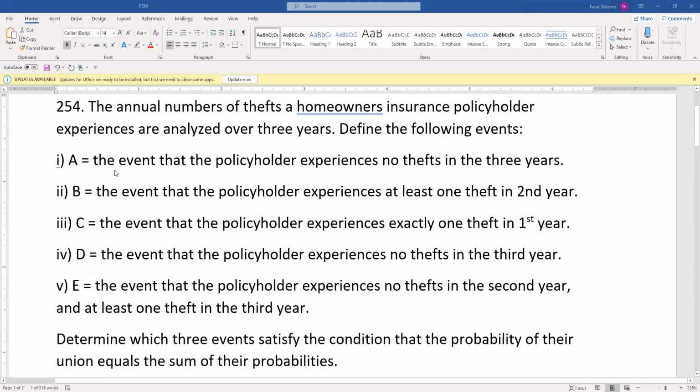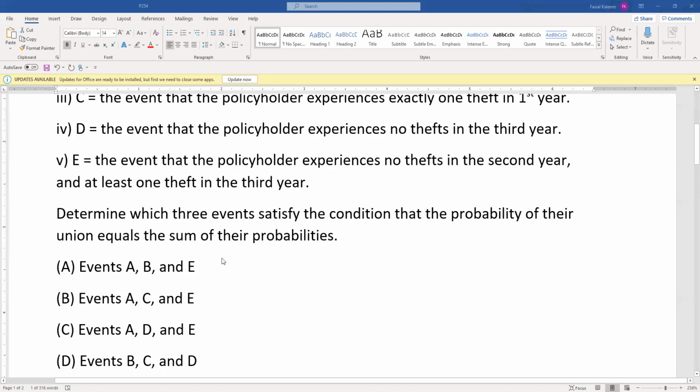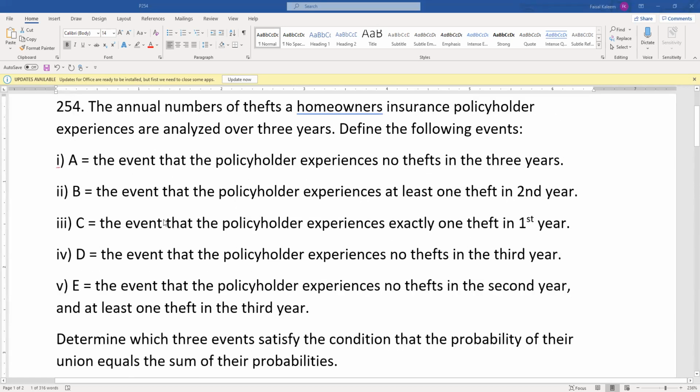A, B, and E. A says no thefts in 3 years. B says that at least one theft in the second year. So obviously A and B cannot occur at the same time, because if there are no thefts in 3 years, then we can't have at least one theft in the second year.